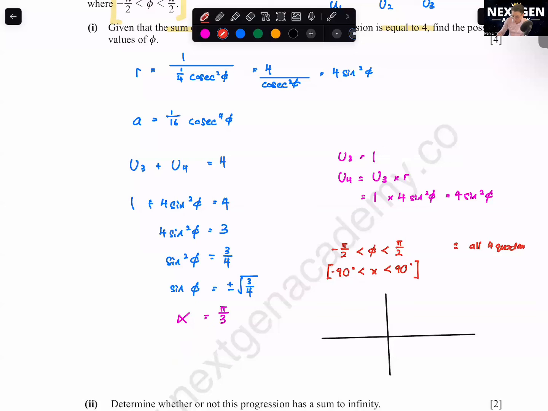But they don't even want us to take all 4 quadrants, because the range of values is from negative 90 to 90 only. So only the first quadrant and the last quadrant. And this will be 0 degrees. So how to find the angle here? This is pi over 3. This one will be negative pi over 3. So my answer is negative pi over 3 and pi over 3.